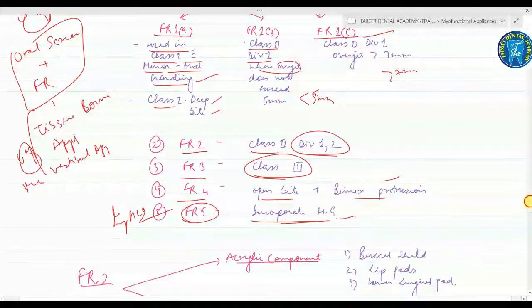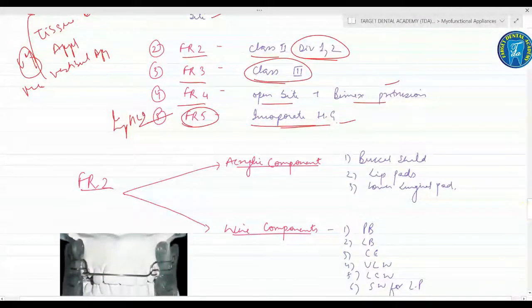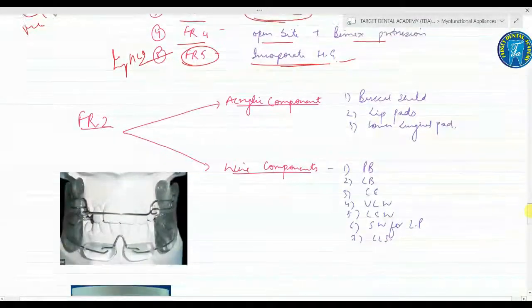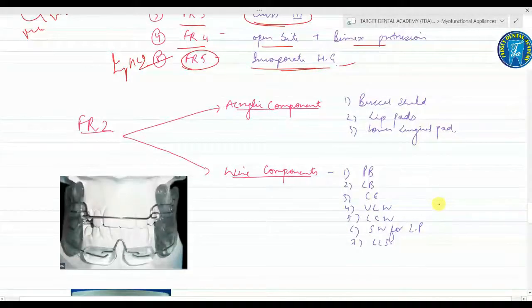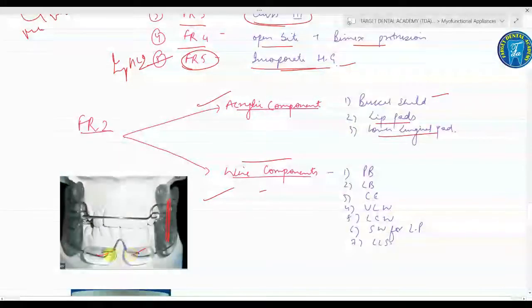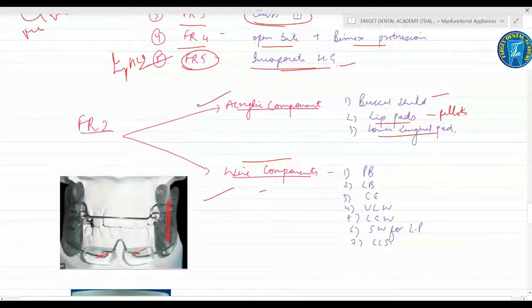Right? Coming on to the FR2. So the FR2 has two components, the acrylic component and the wire component. The acrylic components are the buccal shield, the lip pads, and the lower lingual pads. See, these are the buccal shield, these are the lip pads, also called pelottes, and inside there is a lower lingual pad like this.